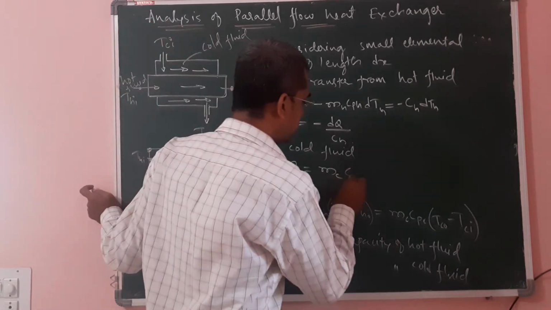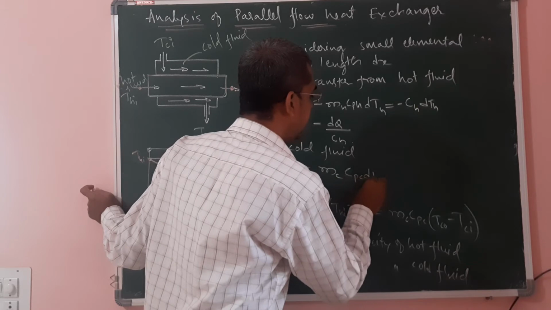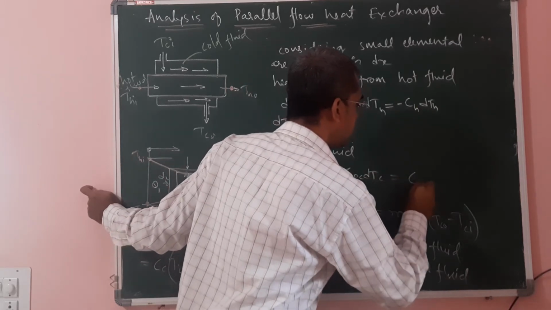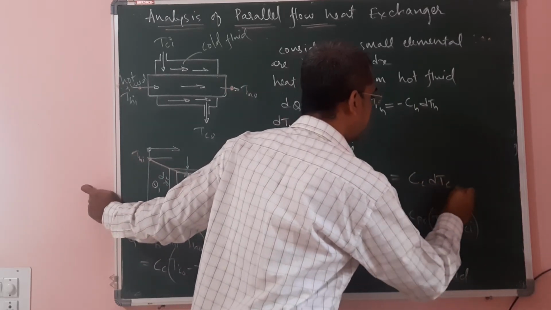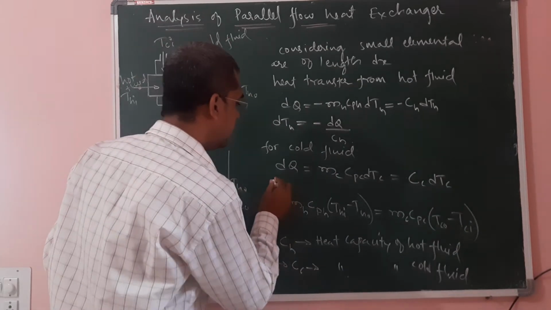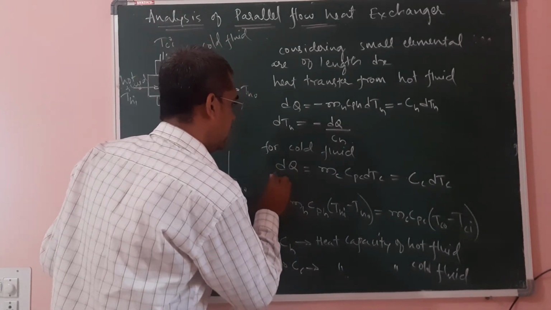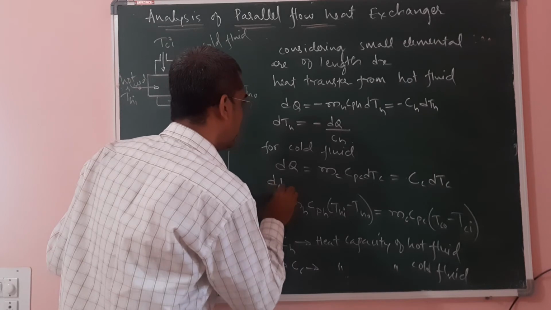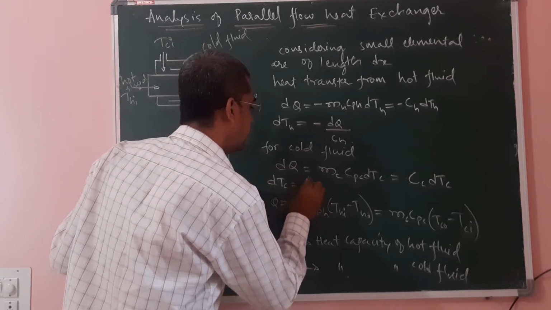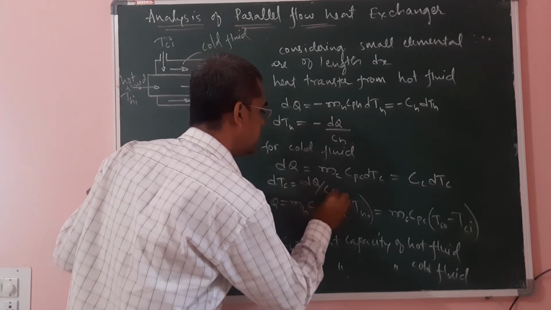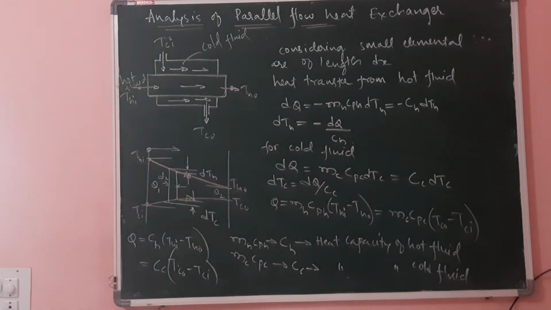Therefore it is nothing but Cc into dTc. Therefore we can write dTc equal to dq divided by Cc.